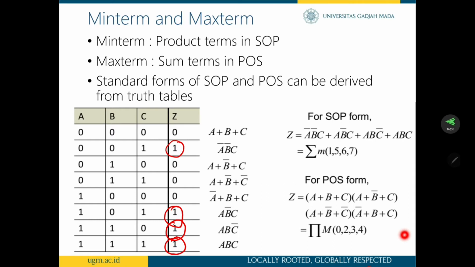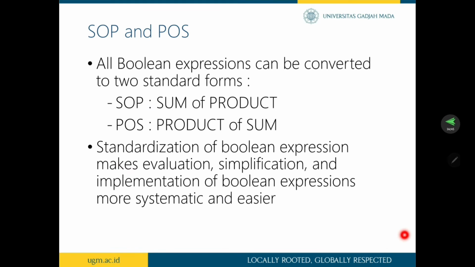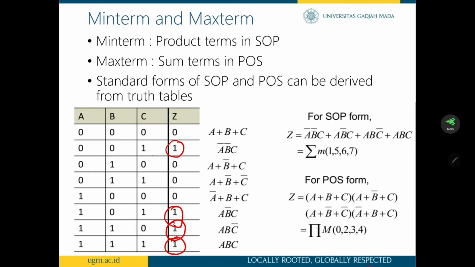So the output is 1, so the min term is A'B'C. Sorry, we can write A'·B'·C.